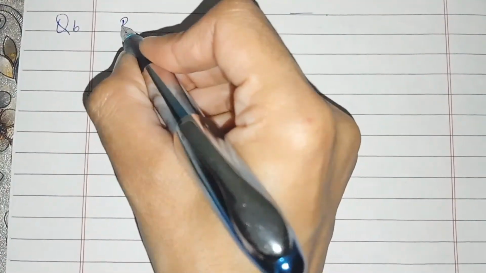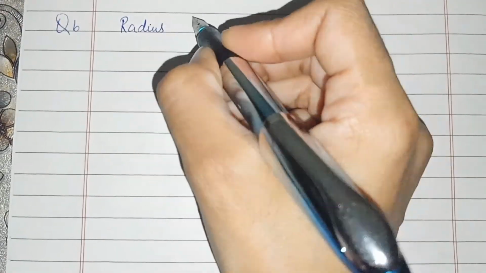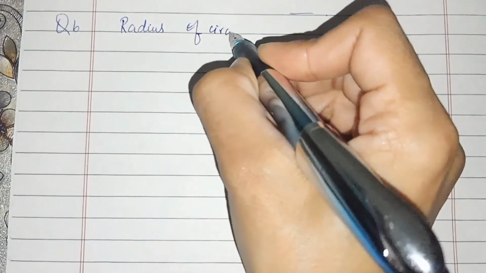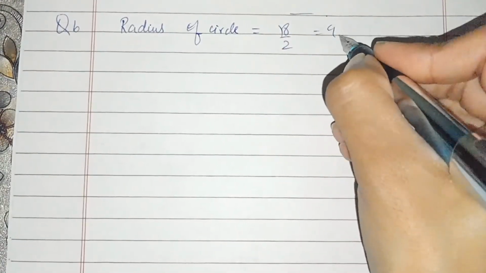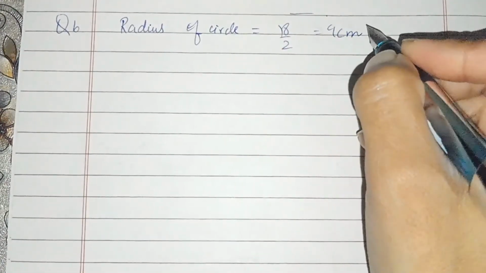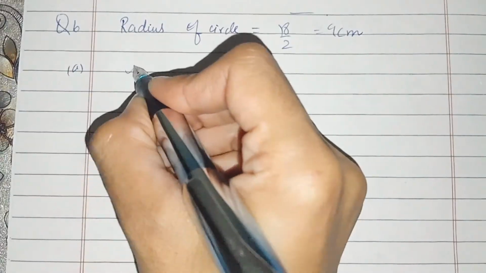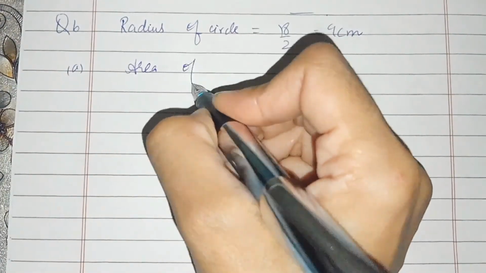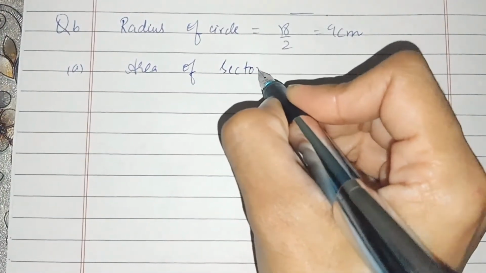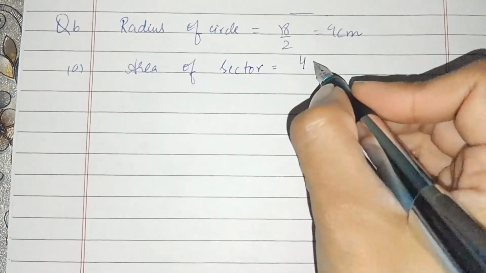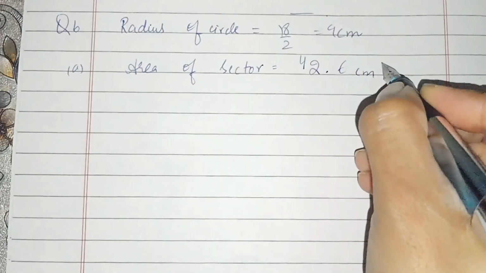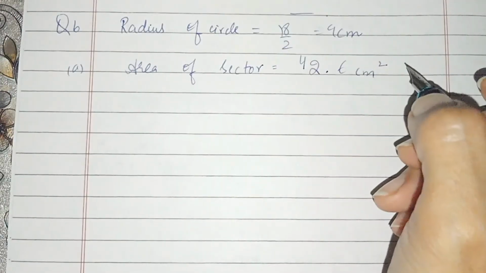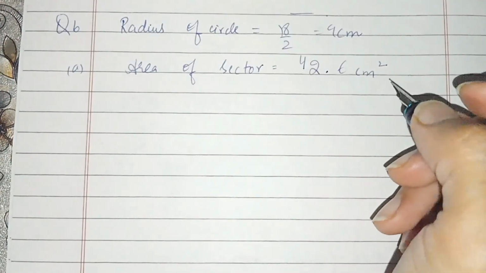Now students, question number 6. Radius of the circle is 18 by 2 centimeter, which is 9 centimeter. That is the radius of the circle. The area of sector is given to us, and that is part number A, because in this question the areas are different in each part.